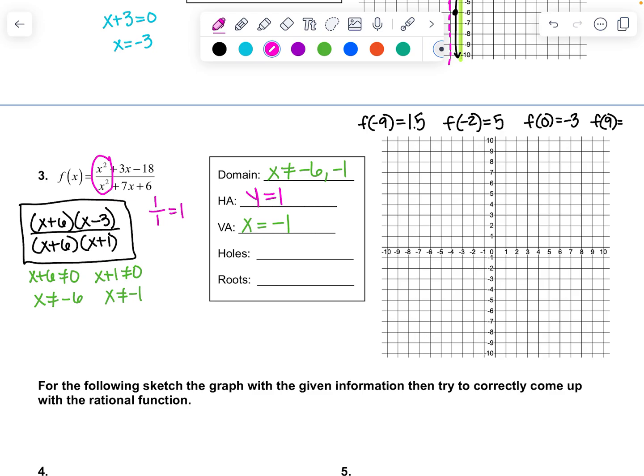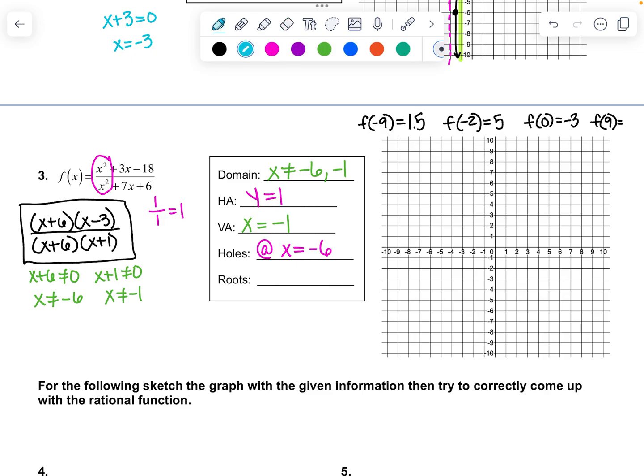For the holes, this is where we look at the matching factors in numerator and denominator. So that tells me that I will have a hole at x equals negative 6, because those factors are matching in the numerator and denominator.